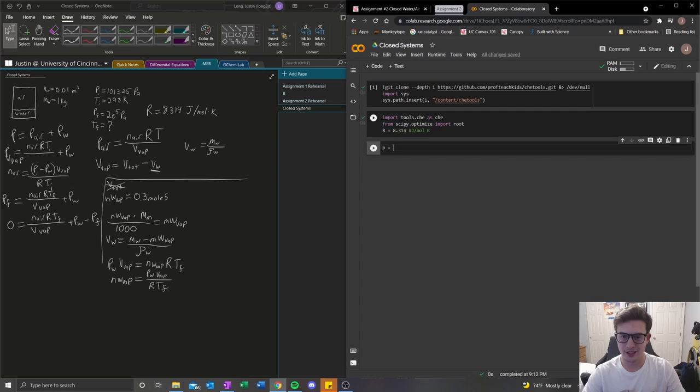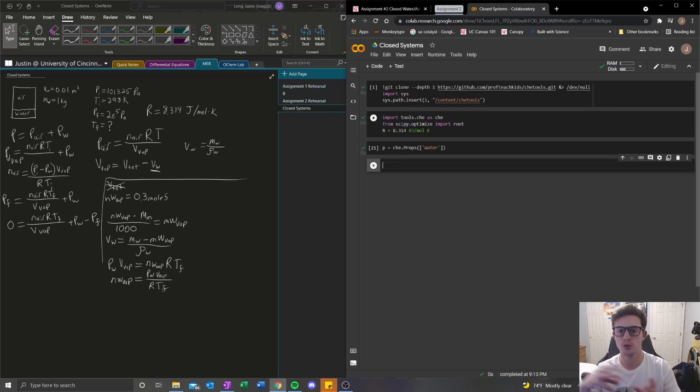We're going to use our toolbox, and one of the things in there lets us get the properties. I note that I'm trying to get water, so whenever I use P, it'll be getting the water information from the GitHub site.